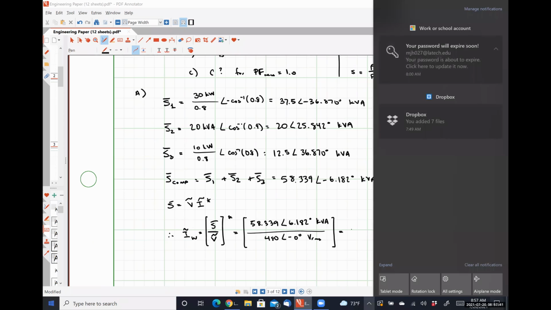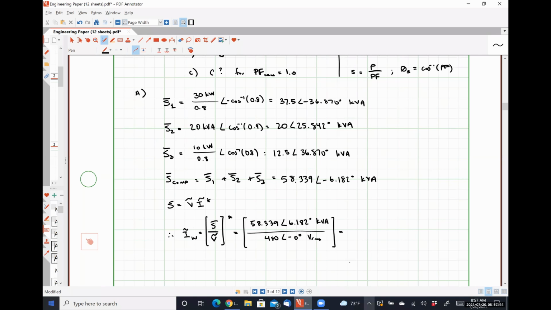I get a current of 121.540 angle 6.182 degrees amps RMS.